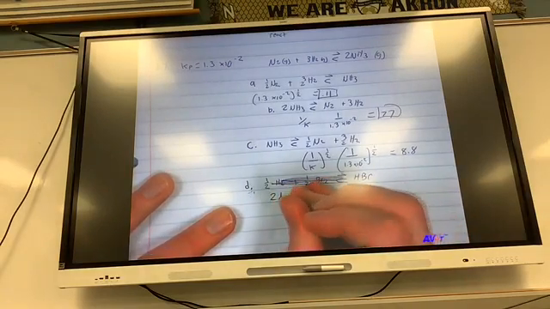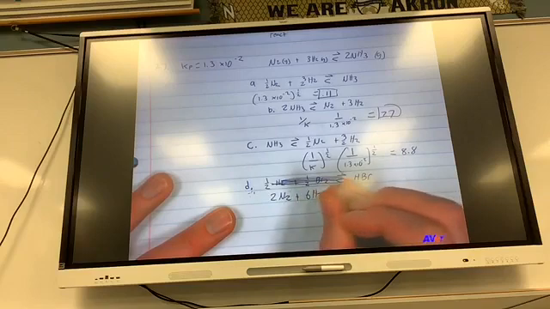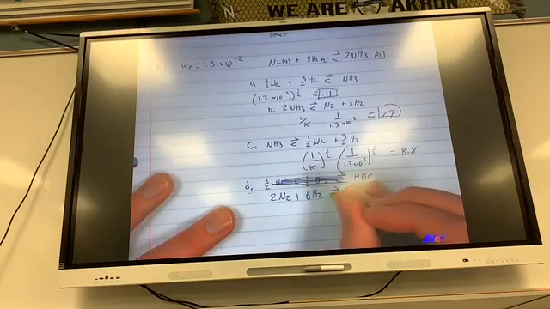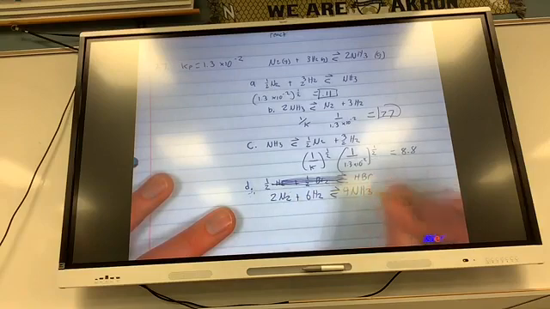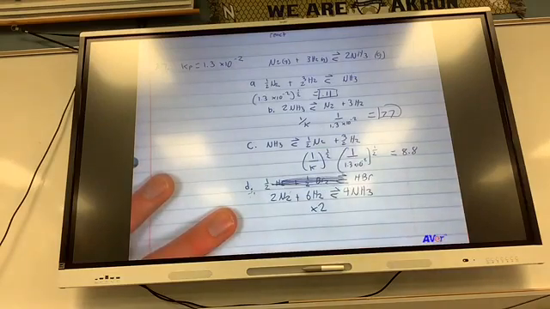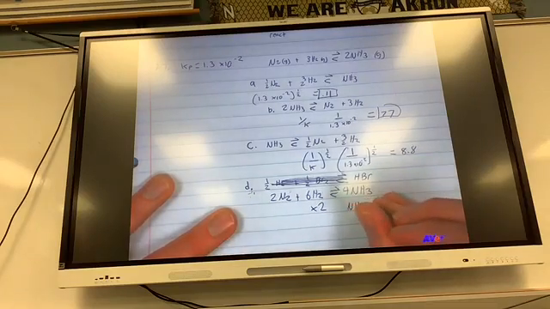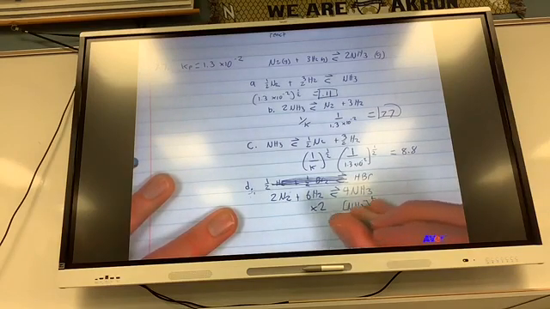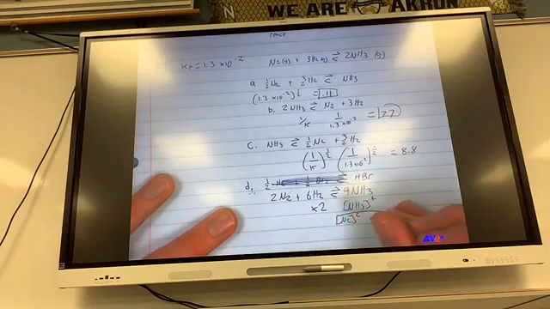I have, this makes more sense, 2 N2 plus 6 H2 is in equilibrium with 4 NH3. So on this one, I multiplied the whole thing by 2. So if I multiply my reaction by 2, I'm actually going to raise the K to the second power. I'll show you why. Because now I have NH3 to the 4th over N2 to the 2nd over H2 to the 6th.